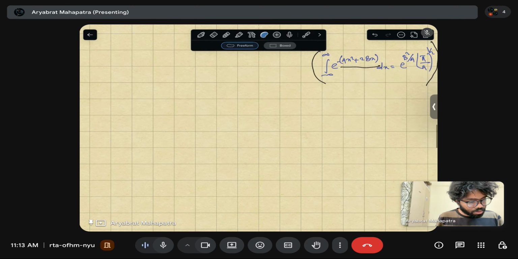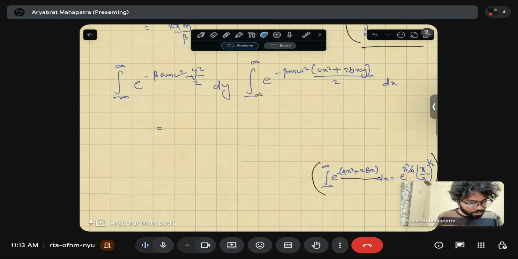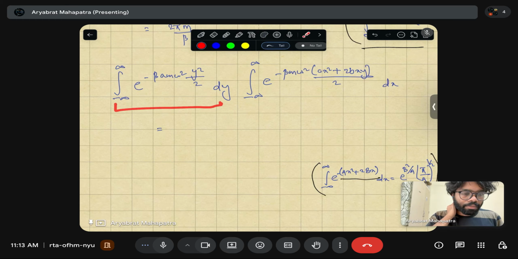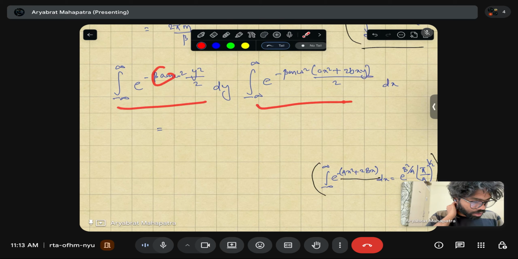Okay, so you can use that first here. Since this part is purely a y-type integral, there are no x variables involved anywhere here. But here you have both x and y.